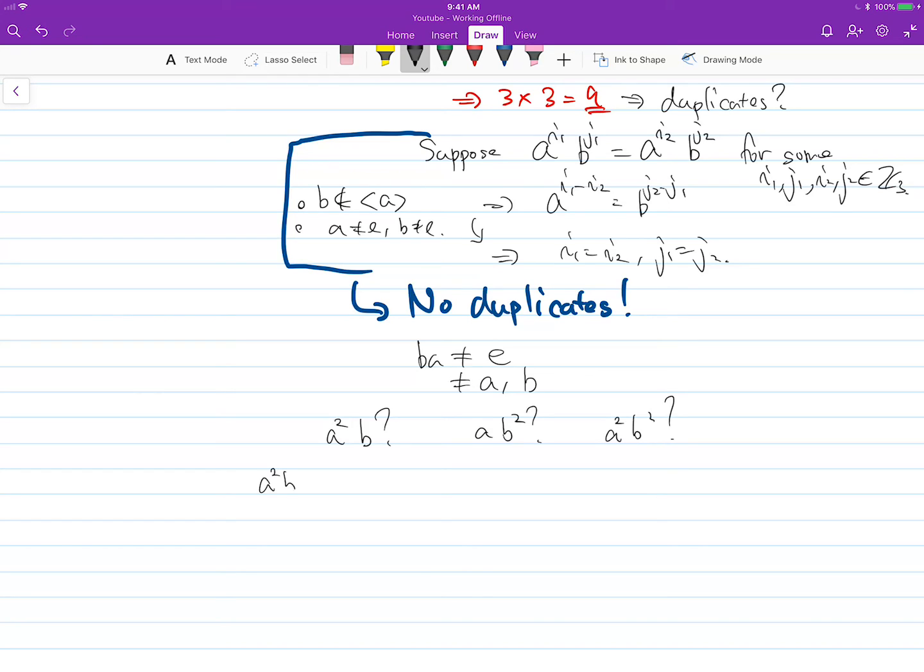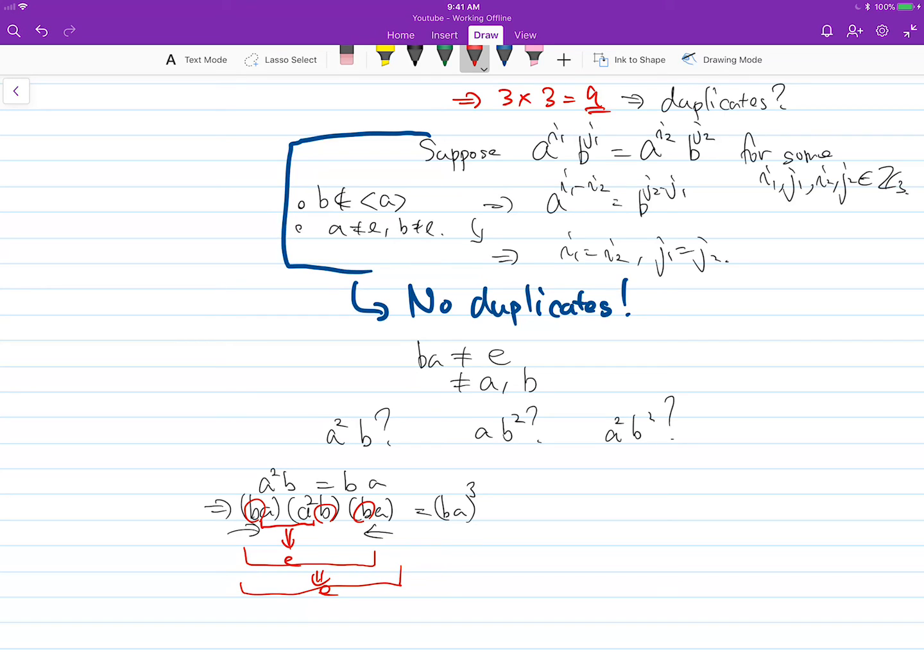If A squared B equals BA, then this would imply that BA times A squared B equals BA times BA, so basically I'm just multiplying by BA on each side. And if you look at it, this A cubed will turn into E. And now we have 3 B's, so this whole thing will turn into E.